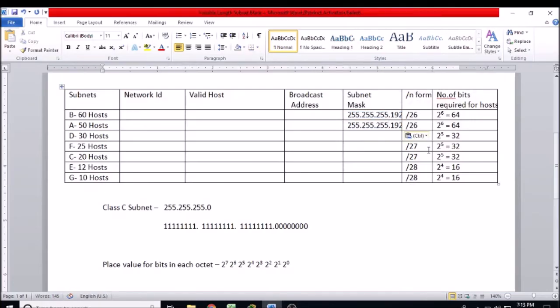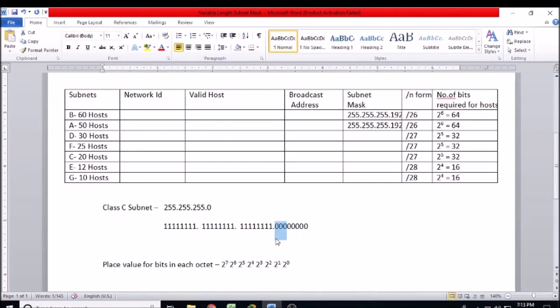Then the next one is going to be what? It is actually /27, right? That means we are going to take how many bits? These 5 bits are taken for the host and the remaining 3 bits are for the subnetting.